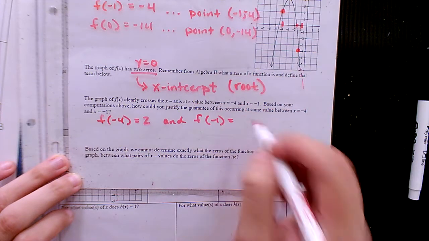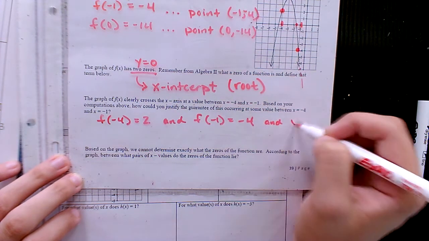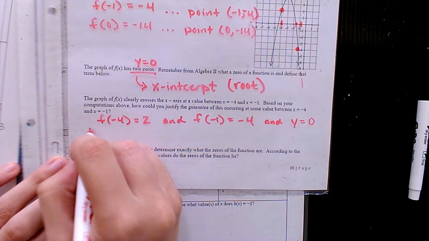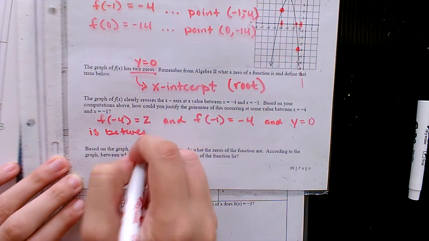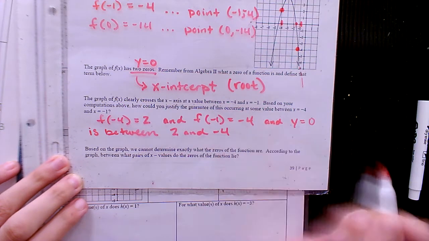and f of negative 1 equaled negative 4, and the y value of 0 is between 2 and negative 4.